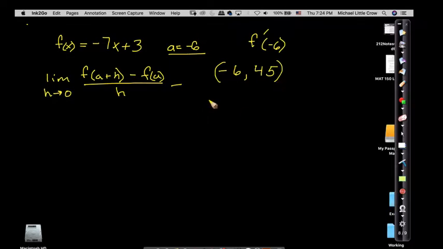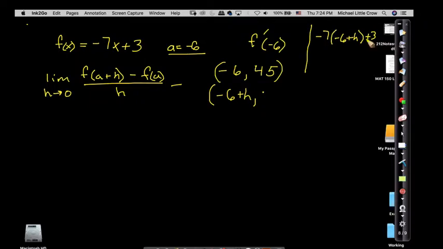Not too bad. The second point is going to be negative 6 plus h. If we were doing this numerically, we would just plug in 0.0001 for h, but we're doing it algebraically, so that's what we have to plug in. So what is the function going to be? It's negative 7 times negative 6 plus h, all plus 3.